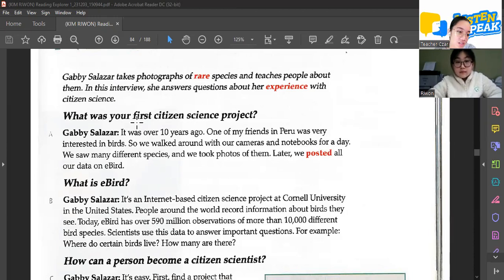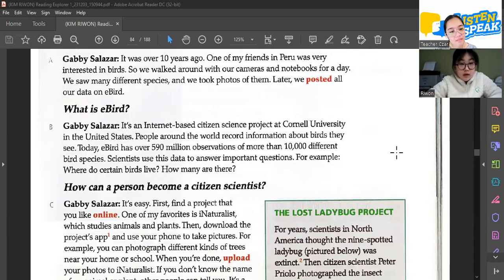Okay, so let's try to have the next one. What is eBird? It's an internet-based citizen science project at Cornell University in the United States. People around the world record information about birds they see.